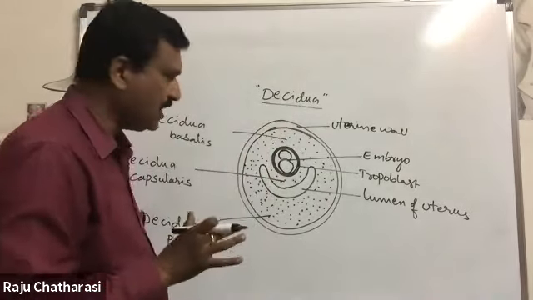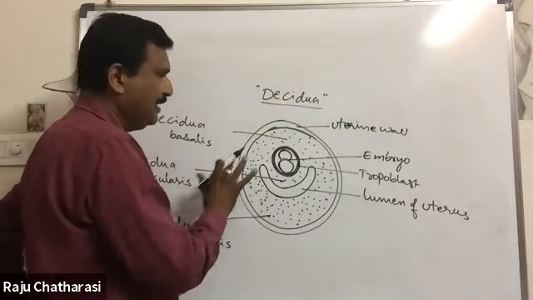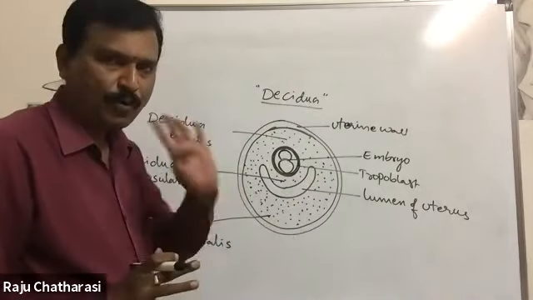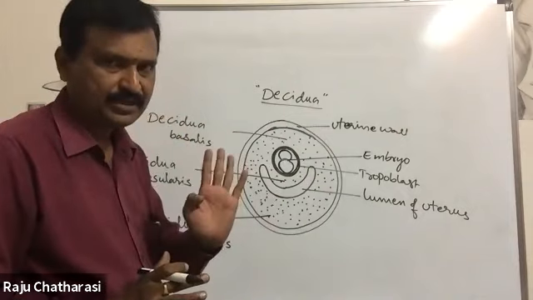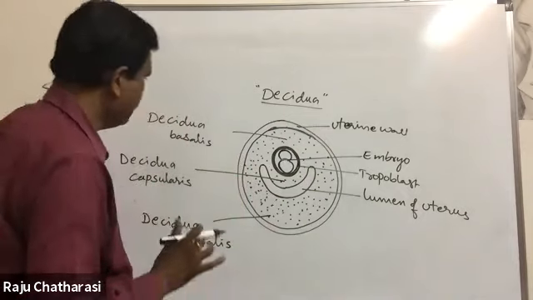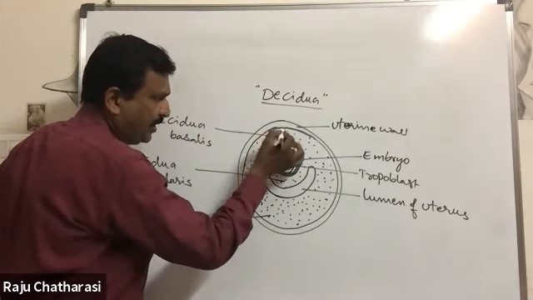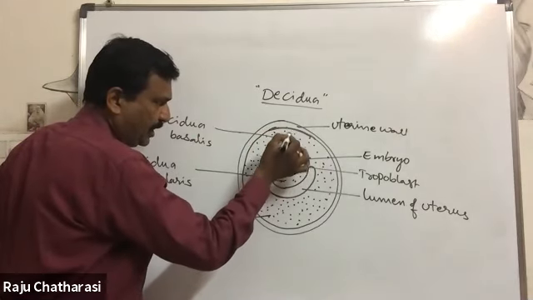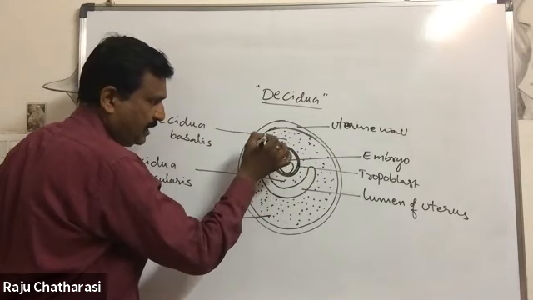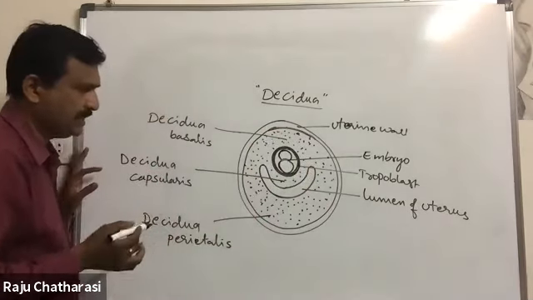Based on the location of this decidua, it is divided into three portions, three regions or three zones. The decidual part which is present between endometrial wall and embryo is called decidua basalis.